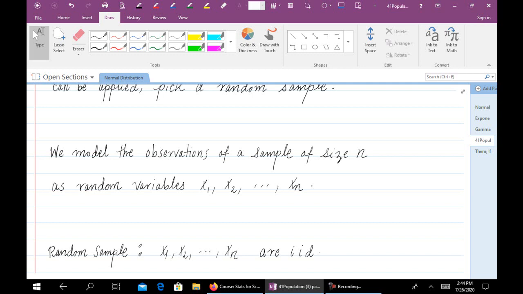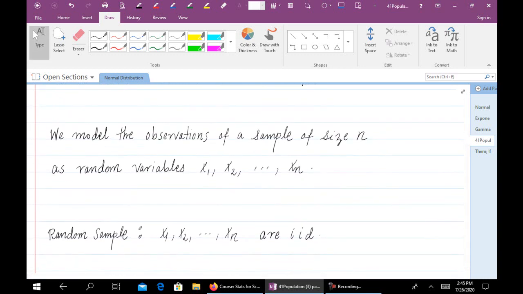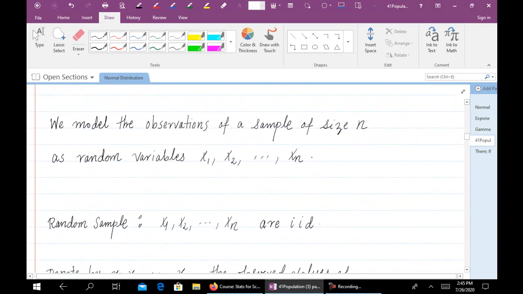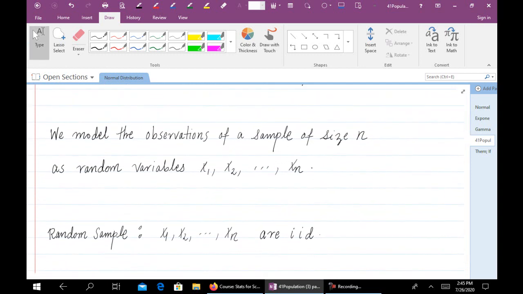And then after you pick one sample, maybe you take another sample. So when you pick a second sample, the values of x1, x2, xn change. So you can think of these variables as random variables. And when we say a random sample, we mean that these variables x1, x2 up to xn are independent and identically distributed.